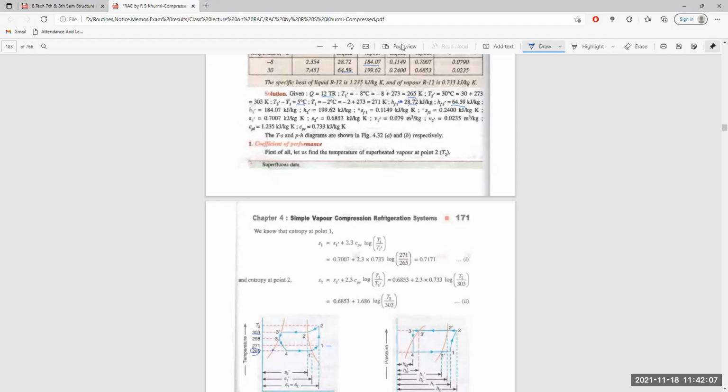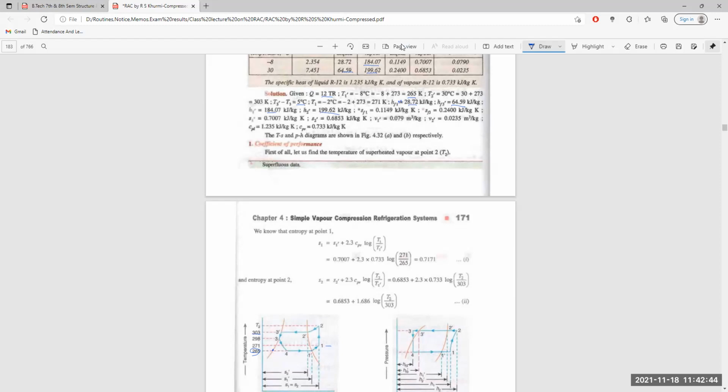H2 dash is the enthalpy at point 2. It is the enthalpy at the superheated state at temperature T2 dash or T3 dash, that is 303, which is equal to 184.07. T2 dash is 199, the temperature of the vapor stage here, and H3 dash is equal to 64.9.